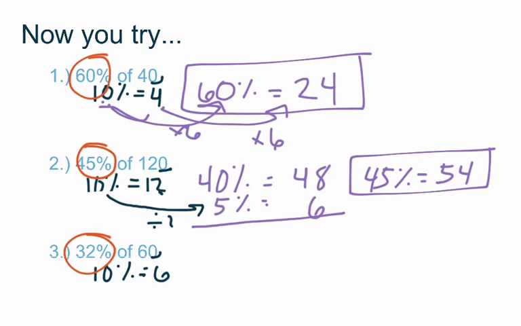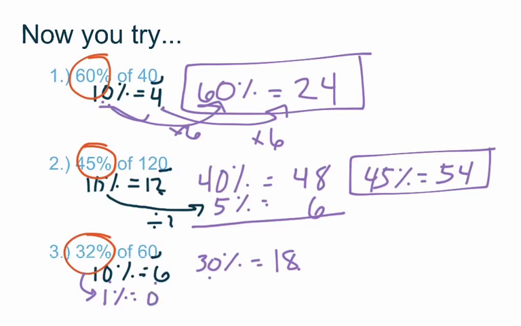And last but not least, 32% of 60. Well, 10% of 60 is 6. So I know that 30% of 60 must be 18, because 10 times 3 is 30%, 6 times 3 is 18. I need to find 2%. Well, 1% might help me to find this. And again, I'm going to do 10% divided by 10, so 6 divided by 10.